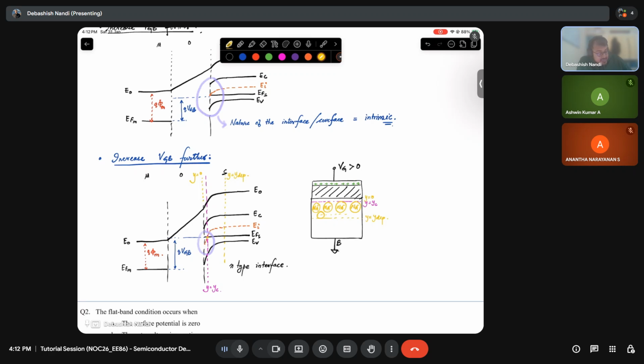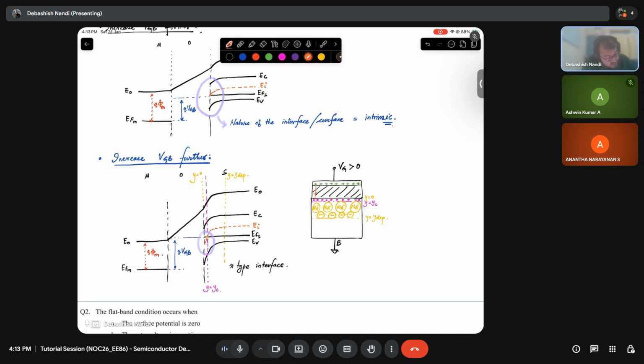And additionally, what will I have? Additionally, I'll start to have electrons. Okay, is that clear? Yes, sir. So now how will my field lines look like?